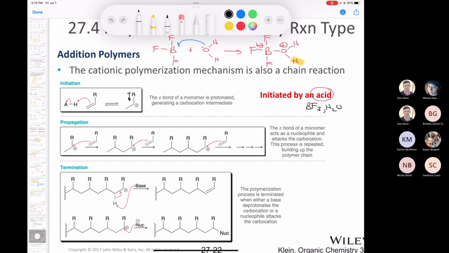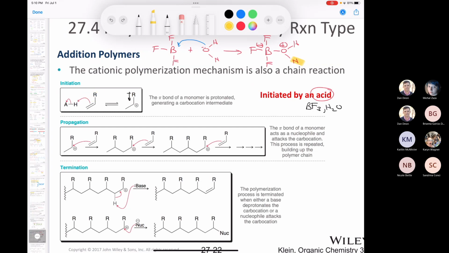The take-home message that you need as a student are these two mechanisms, the fact that you need an electron donating group, and then how to terminate it. Okay, those are the things that you really need to know as a Chemistry 3111 student. Now, in terms of what kind of R groups can we have on here?